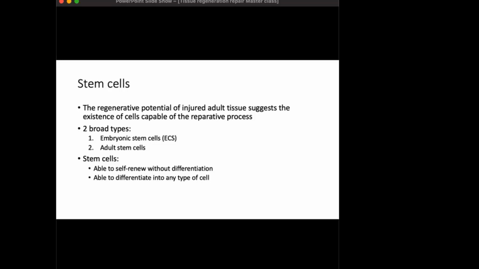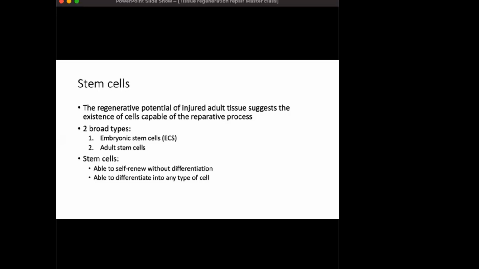So a bit about stem cells, since this is what scientists are working very hard to get at, basically to be able to regenerate damaged tissues. The answer probably lies in stem cells, because stem cells have this regenerative potential, and in theory can produce whatever is being lost or damaged.